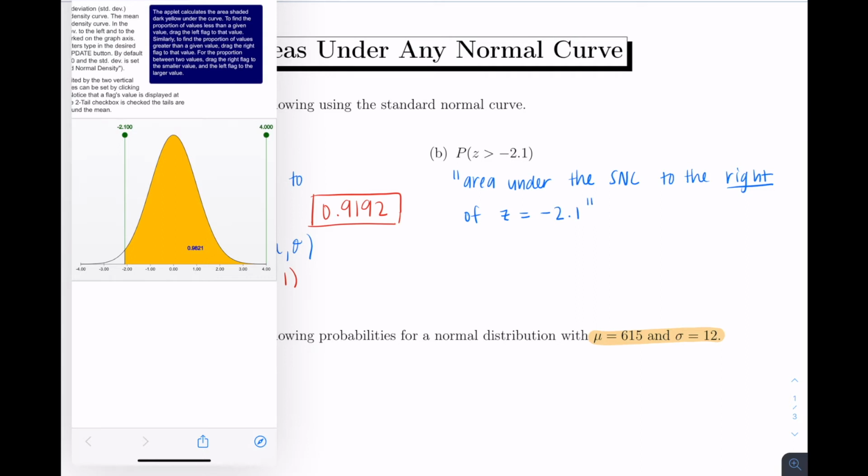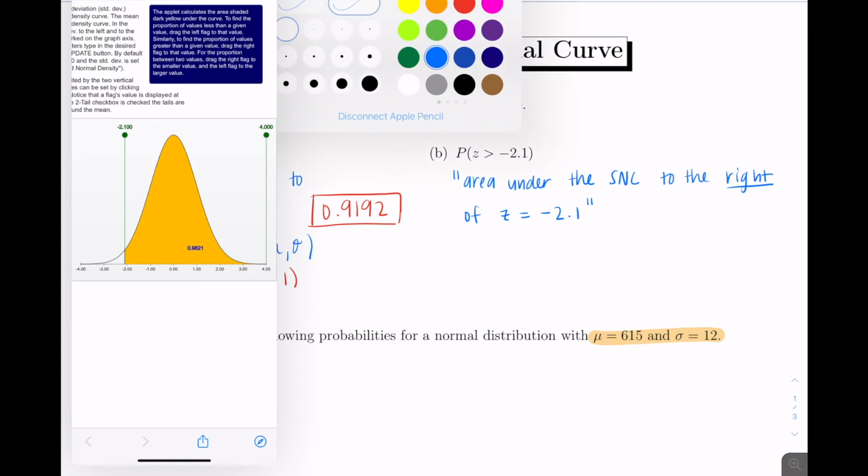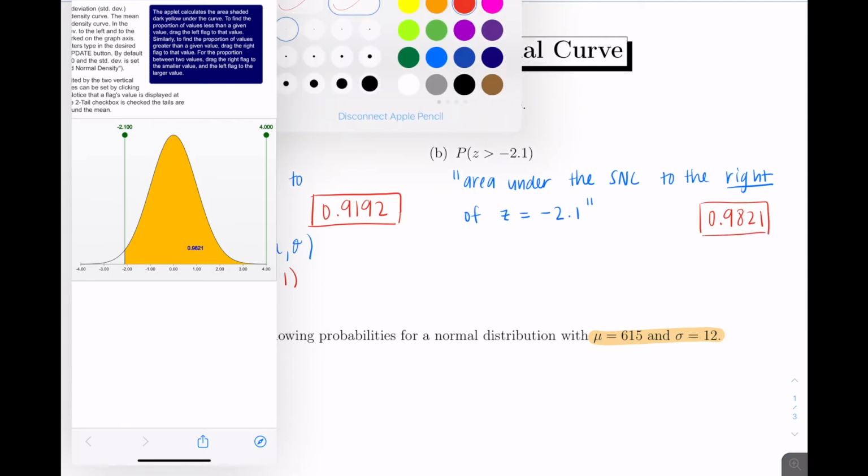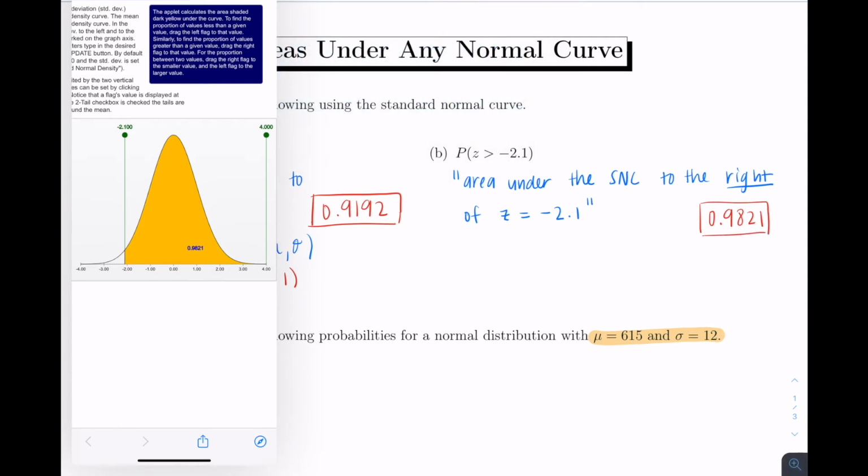And so if you look at the applet over here, I have that set up already. And so we can see that the area is 0.9821. And so that's the probability that I'm going to get a z-score greater than -2.1 for any distribution, right? If I were to standardize it back down to the standard normal curve.